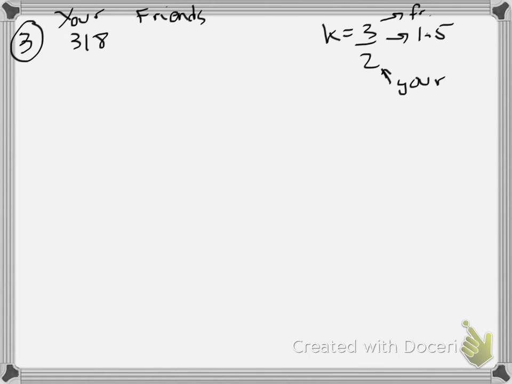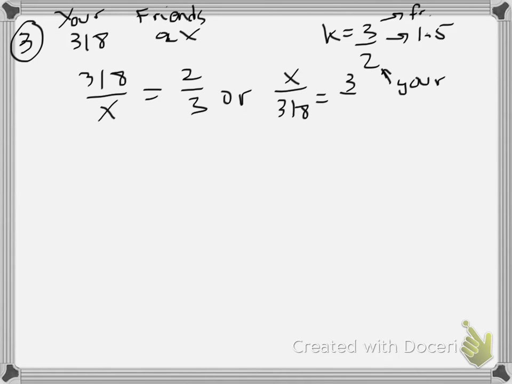So if yours is on top, then for our scale factor, we don't know our friends here, but we're going to go 318 over x is going to have to equal yours is on top over 3. The other way you could do it is x over 318 equals 3 to 2. Then your friends are on top, and yours is on the bottom.